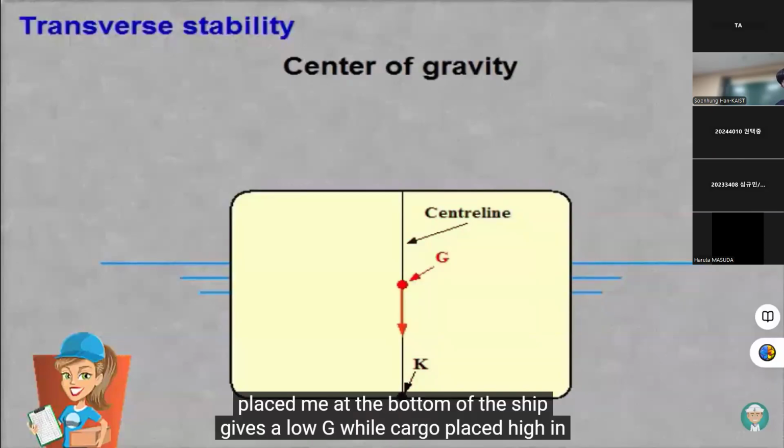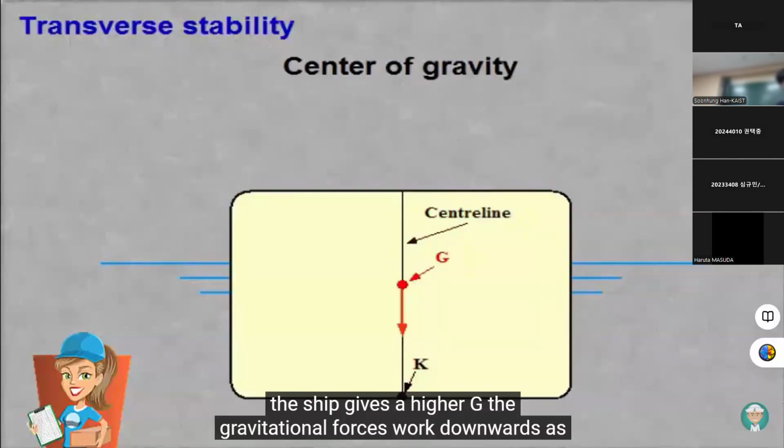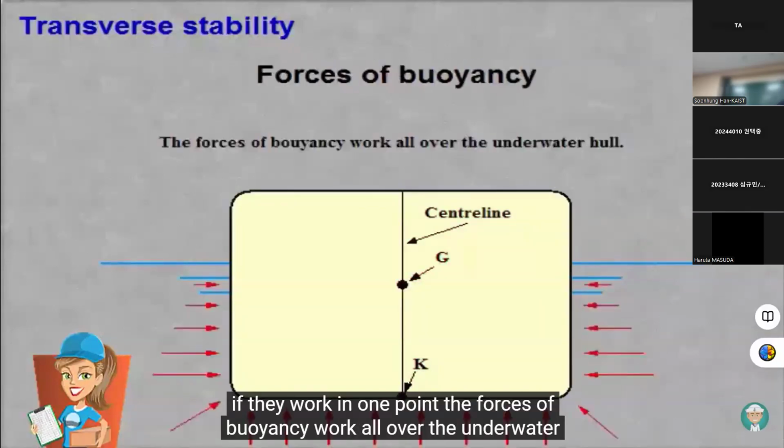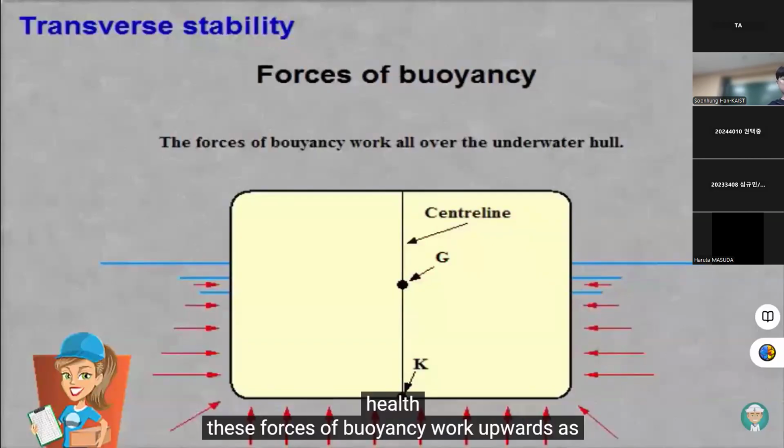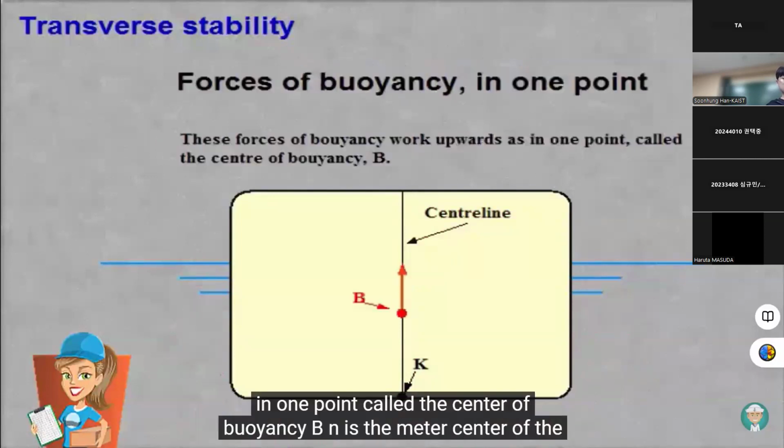Heavy cargo placed near the bottom of the ship gives a low G, while cargo placed higher in the ship gives a higher G. The gravitational forces work downwards as if they work in one point. The forces of buoyancy work all over the underwater hull. These forces of buoyancy work upwards, as in one point, called the centre of buoyancy, B.